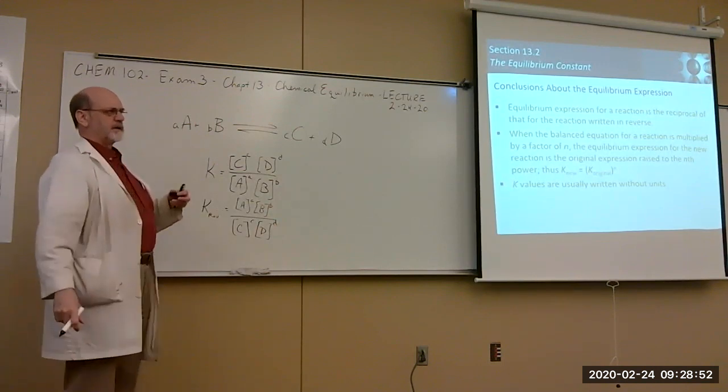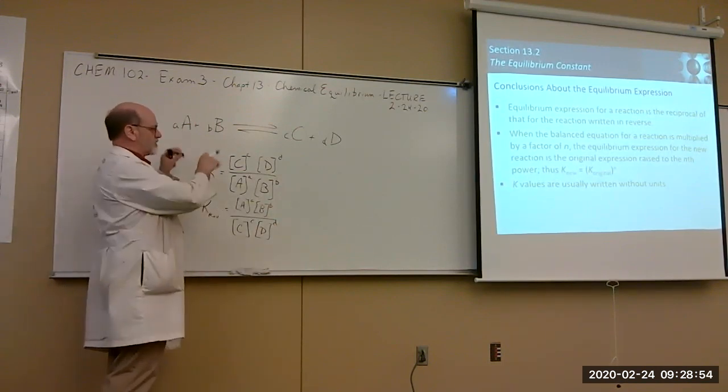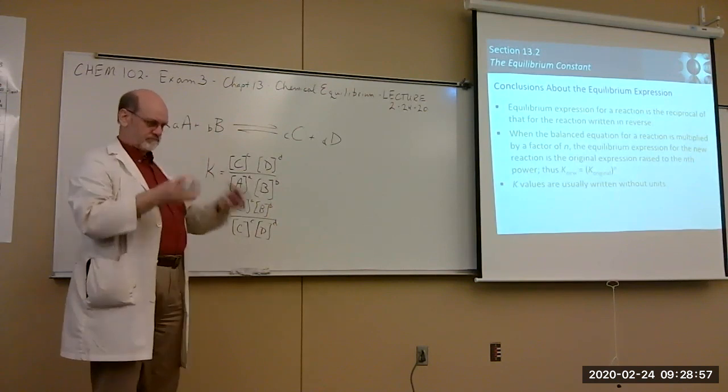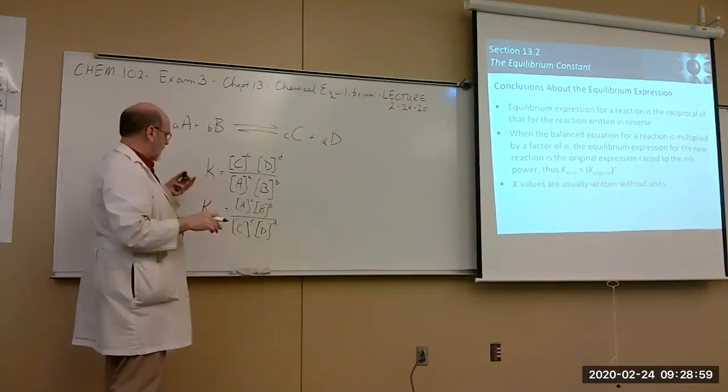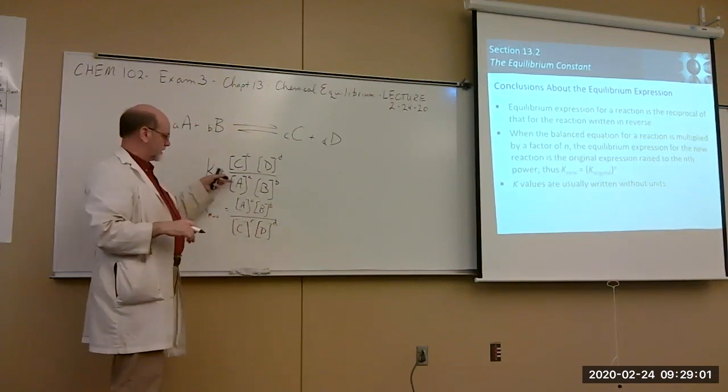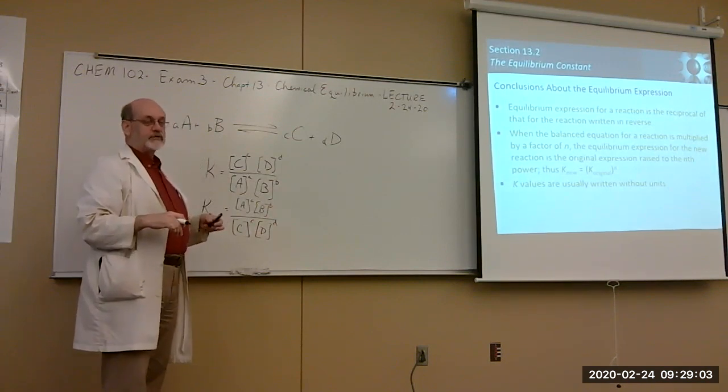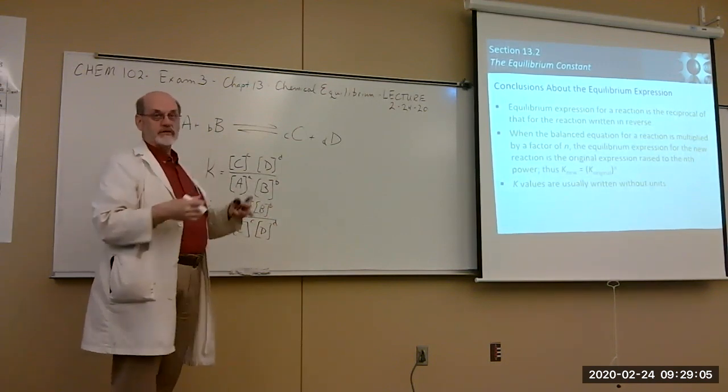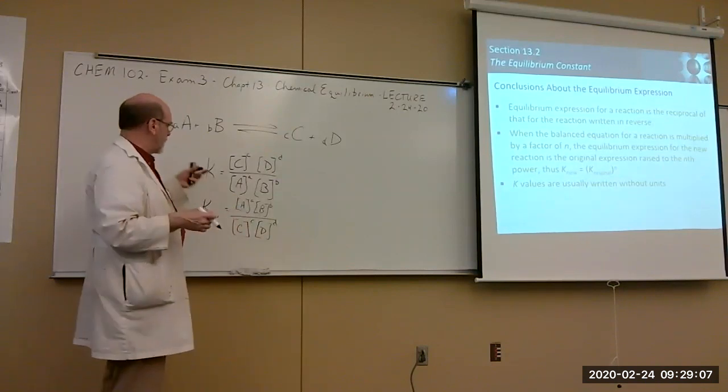Let's suppose that you look up this reaction, whatever it happens to be, in a book, and the reference manual gives you a K value for that reaction. But you need to use the reaction in the reverse. What do you do with that number that you're given?